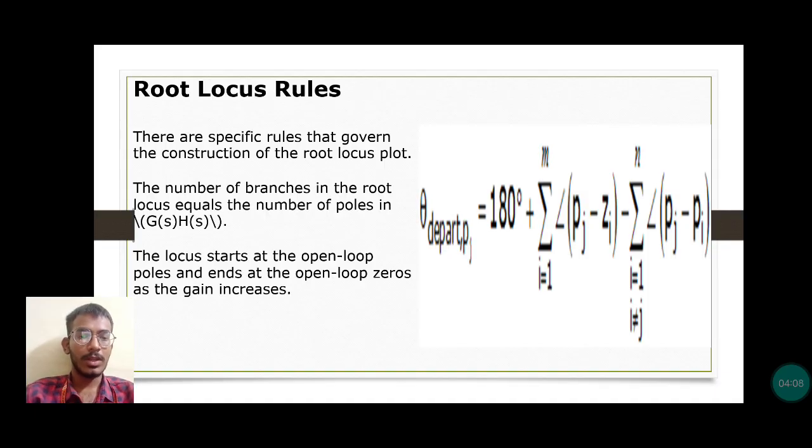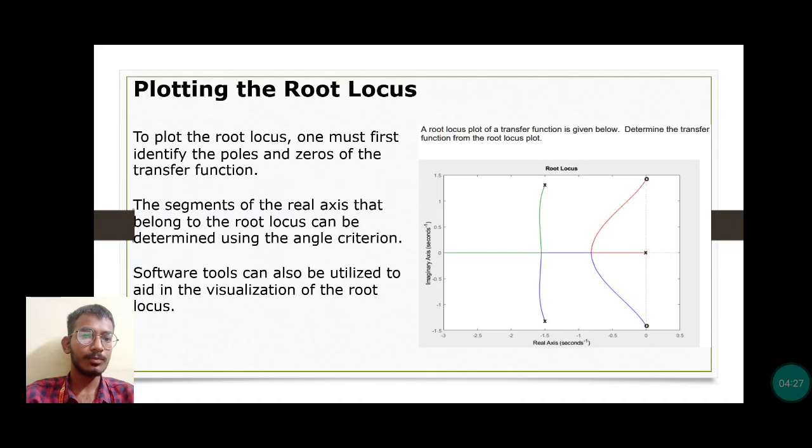Root locus rules. There are specific rules that govern the construction of the root locus plot. The number of branches in the root locus is the number of poles in G(s)H(s). The root locus starts at the open loop poles and ends at the open loop zeros as the gain increases. Plotting the root locus.